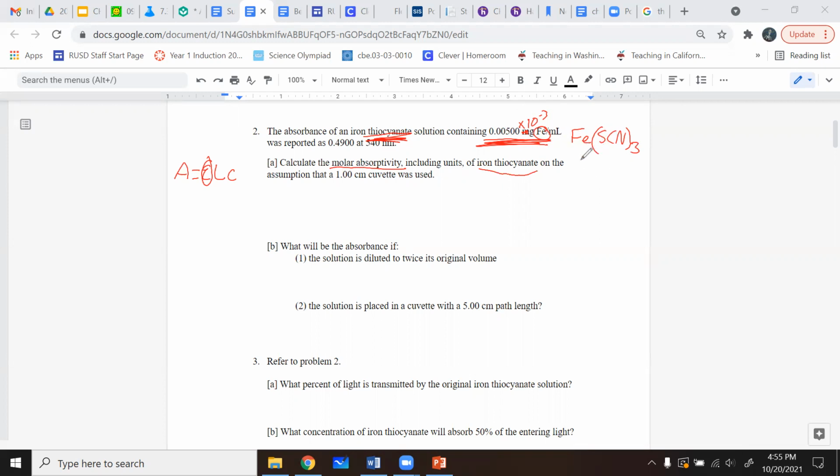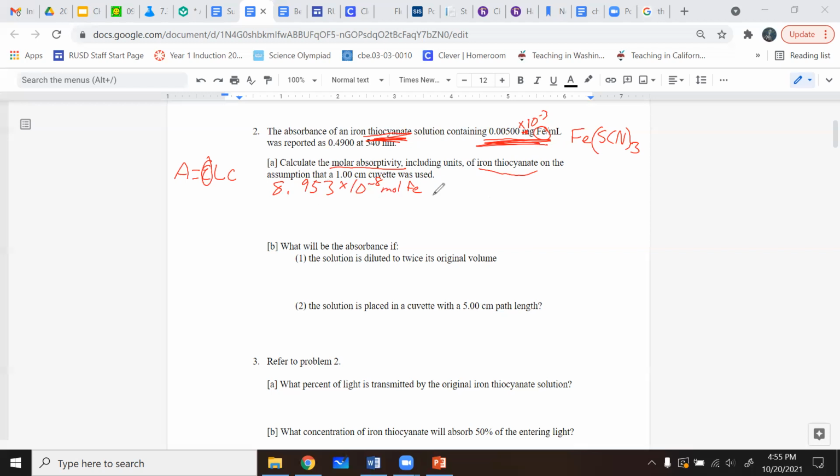And thankfully, for every 1 mole of iron, there's 1 mole of iron thiocyanate, because there's only 1 iron in that compound. So all we realistically need to do here is take this gram amount and convert it to moles of iron. So when I do that, I get that my amount of moles of iron is 8.953 times 10 to the negative 8th moles of iron. Okay, so if you are not sure how to convert between moles of iron and grams of iron, vice versa, I suggest you look at your mole map.